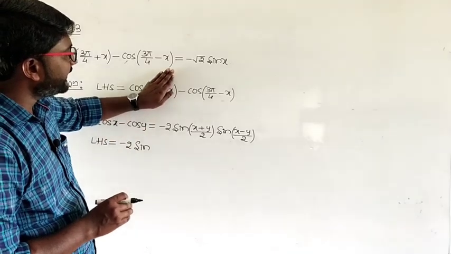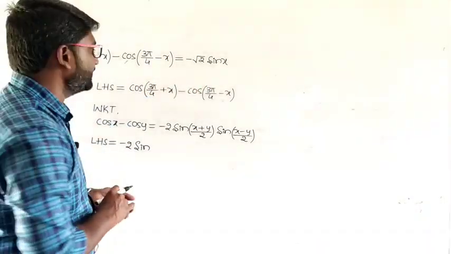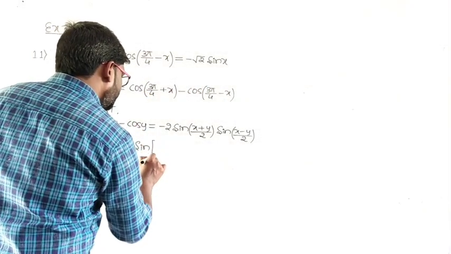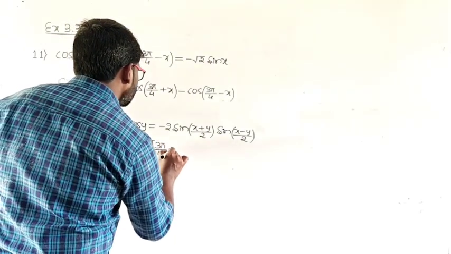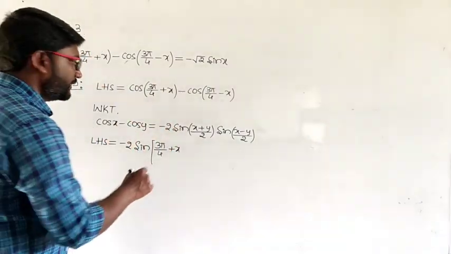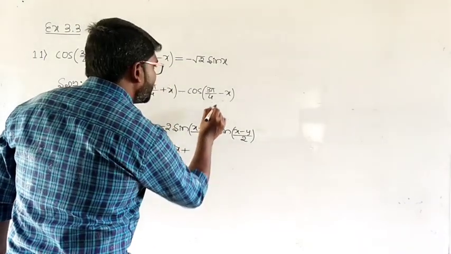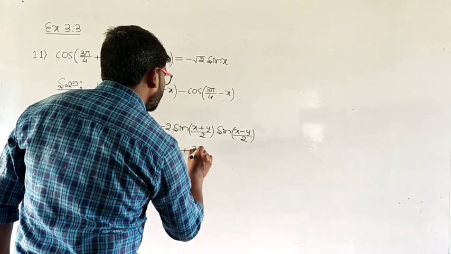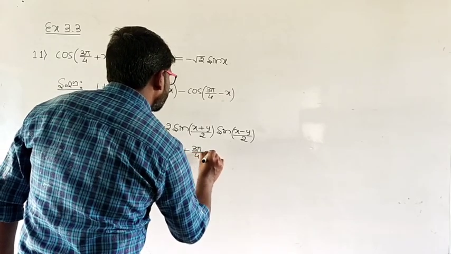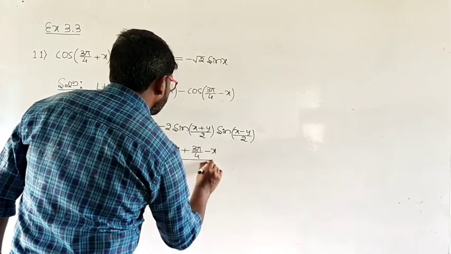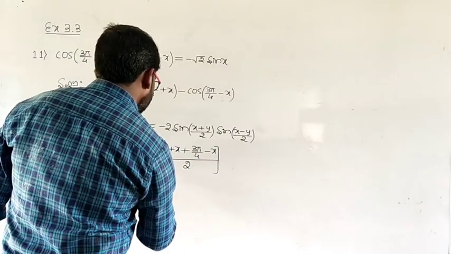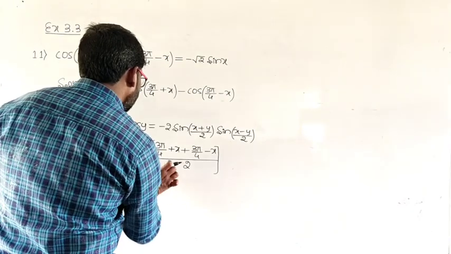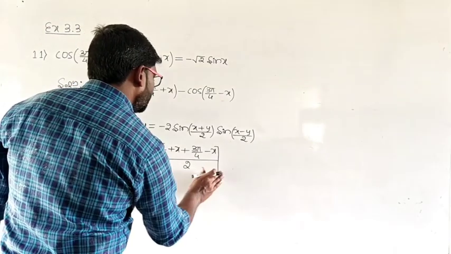Here the first term is x and the second term is y. So x is 3 pi by 4 plus x, plus y is 3 pi by 4 minus x, whole divided by 2. This is the standard formula.